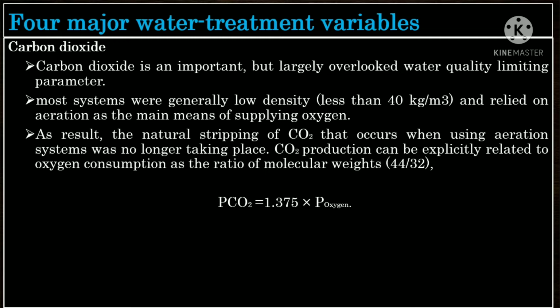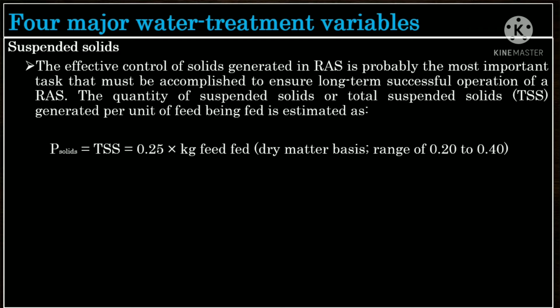As a result, the natural stripping of CO2 that occurs when using an aeration system was no longer taking place. The CO2 production can be explicitly related to the oxygen consumption by the ratio of molecular weights of 44 per 32. The P CO2 equals 1.375 times the P oxygen.